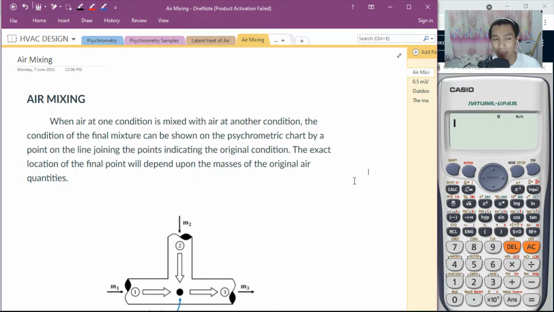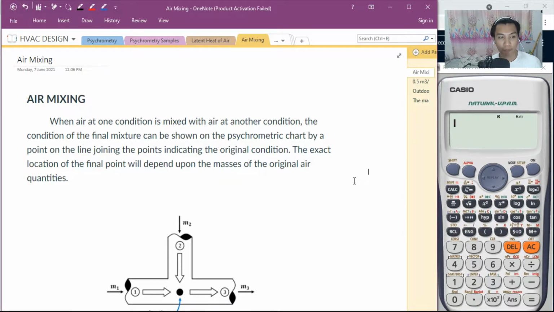Okay. When air at one condition is mixed with air at another condition, the condition of the final mixture can be shown in the psychrometric chart. Gagamitin natin yung chart, di ba? From one point of the psychrometric chart and then to the other point, pag nagkaroon ka ng mixing process into a certain point, that point will show you different parameters like dew point temperature, dry bulb temperature, wet bulb temperature, relative humidity, specific humidity, and any other else.